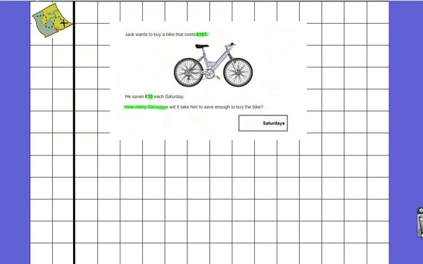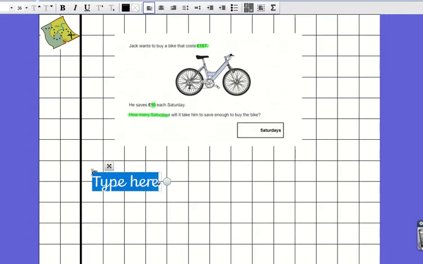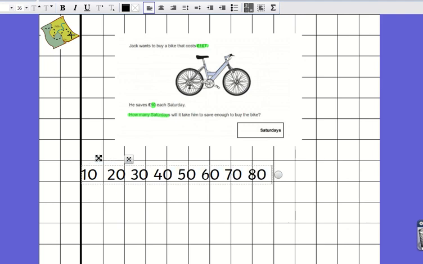I'm going to do my 10 times table. So I know, if I write out my 10 times table, 30, 40, 50, 60, 70, 80, 90, 100, 110. That is more than enough, isn't it? So there's my 10 times table.